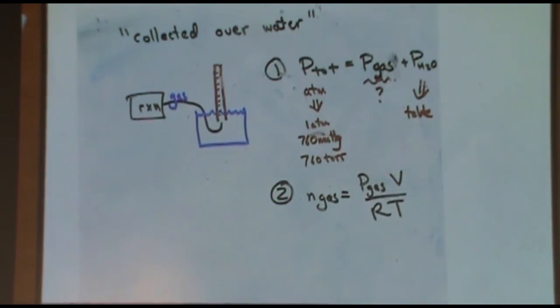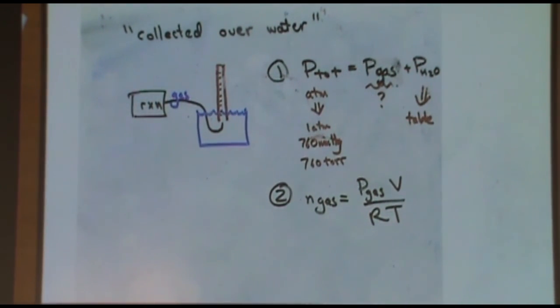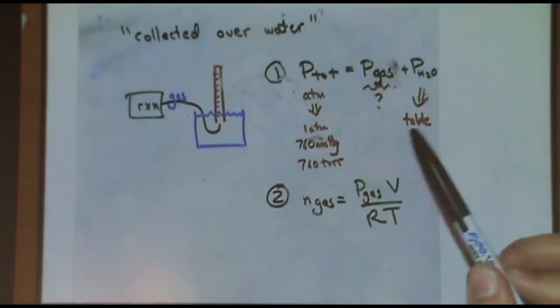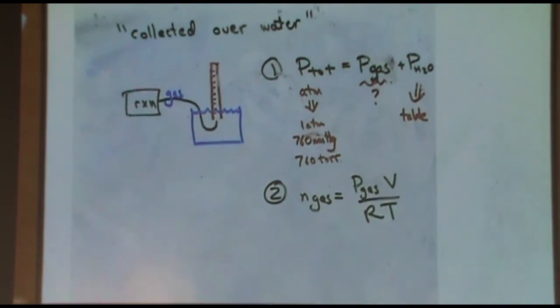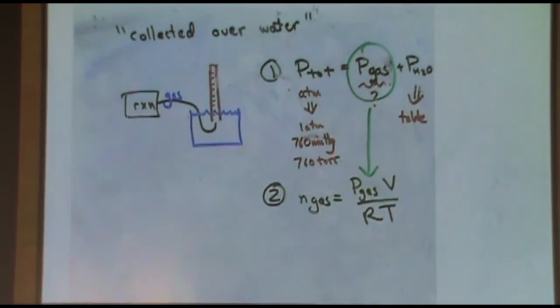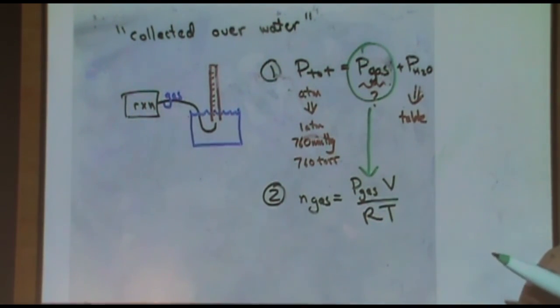So it's just the ideal gas law. Sometimes we'll give you this data and we'll say, hey, what's the moles of the gas? So what you would do is you put atmospheric pressure here, or whatever pressure is given. You get this from the table and find P of the gas. And then this number goes right there. You've got V, you'll have R and T, you find the moles of the gas.